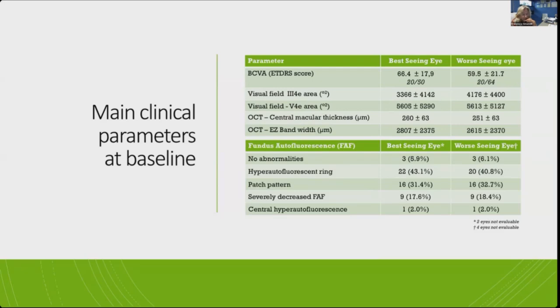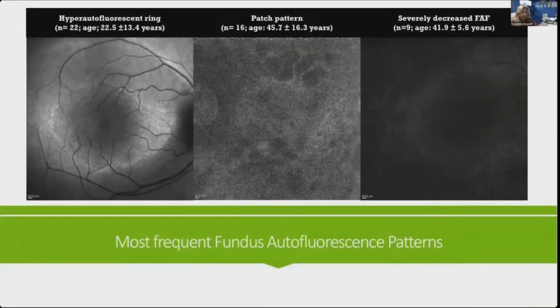We found 3 different patterns of fundus autofluorescence: a hyper-autofluorescent ring in about 40% of patients, a patch pattern in about 30%, and severely decreased FAF in about 18% of our patients.